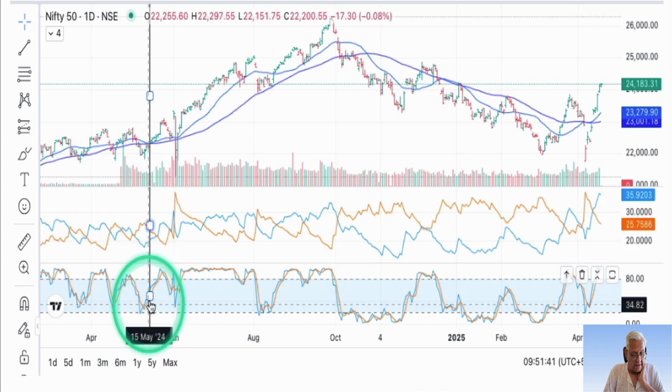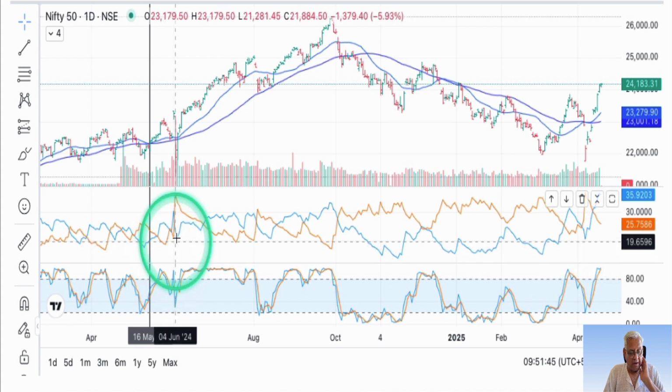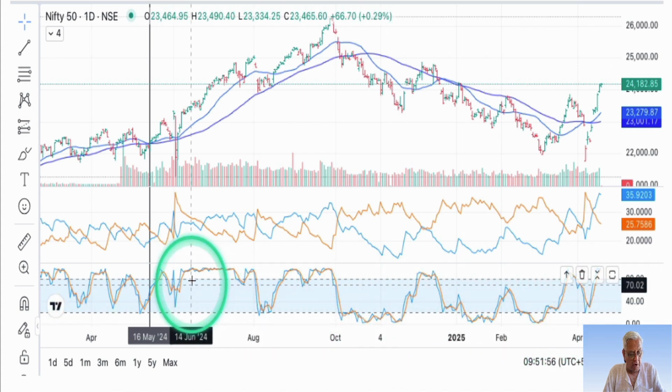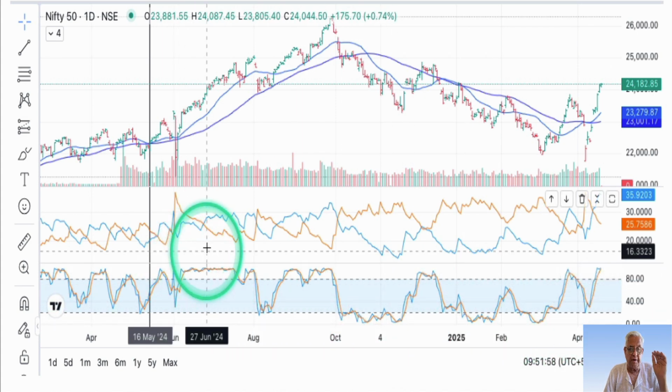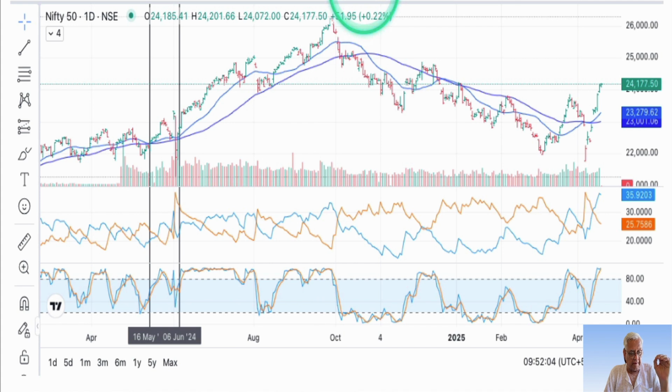And if you look at this chart, you can see that the stochastic line is going up above the 80. This is the 80 mark and this is the 20 mark. So it's gone above 80, confirming the buy signal.